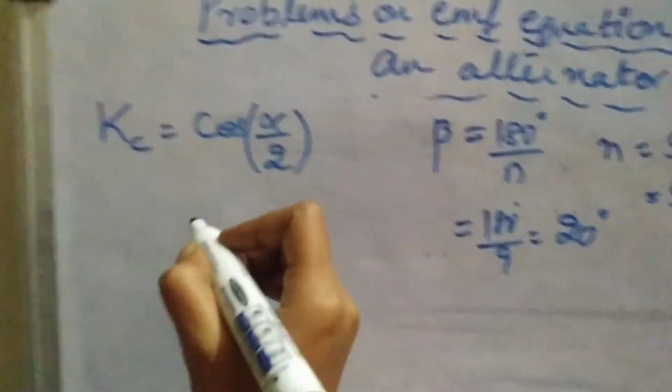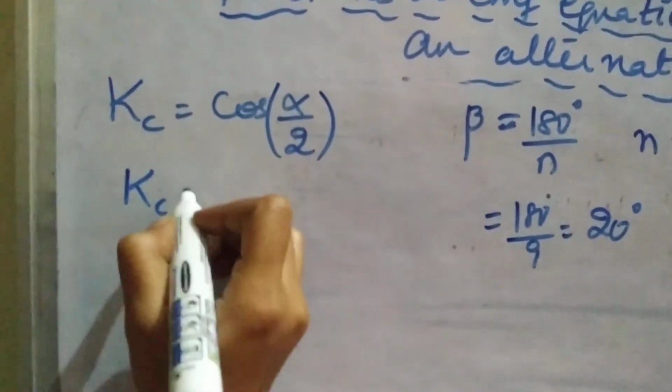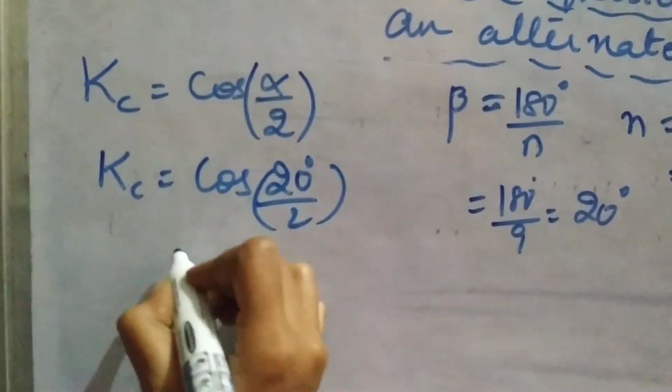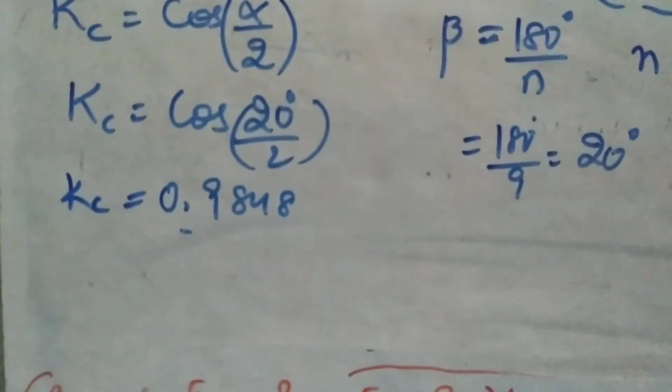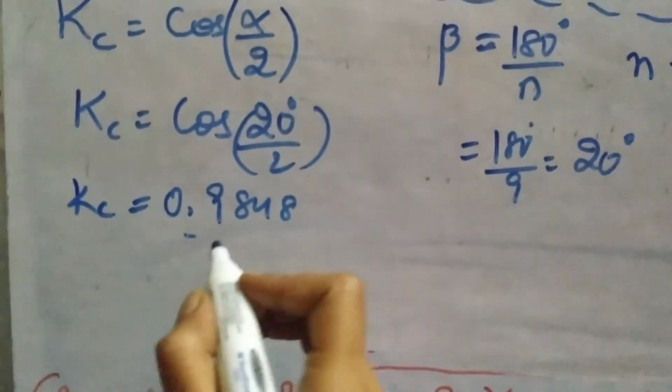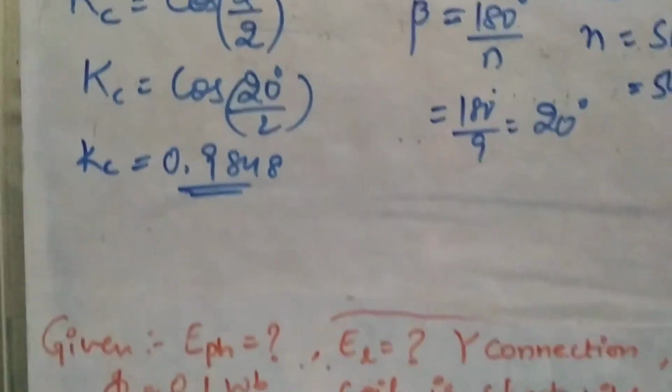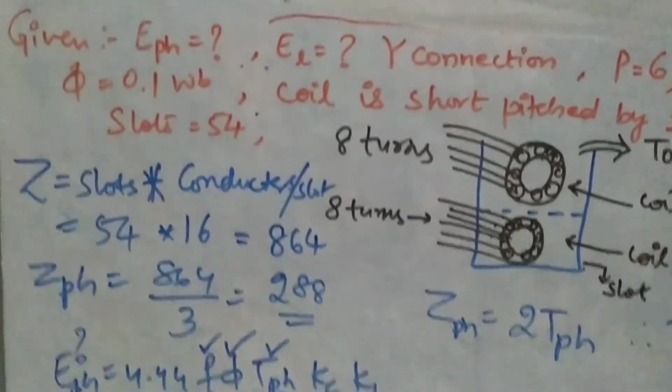Now you can solve easily. Kc is equal to cos of 20 degrees divided by 2, which results in 0.9848.